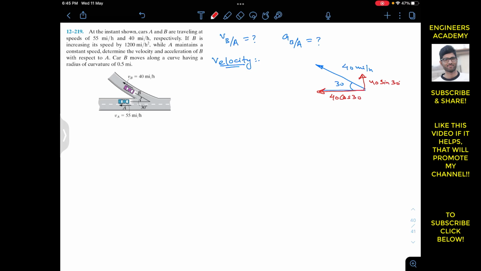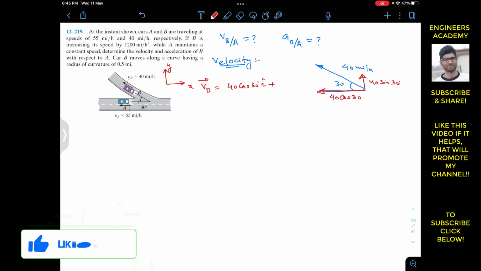If we draw the absolute coordinate system, this is the x and y direction, and the translating coordinate system is attached to car A, since we are measuring the velocity of B with respect to A. So the cos component of this VB is acting in the negative x. This is our positive x, so it is acting in the negative x. So we can write that the VB vector is equal to 40 cos of 30 in the negative i, plus 40 sine of 30 in the positive j.